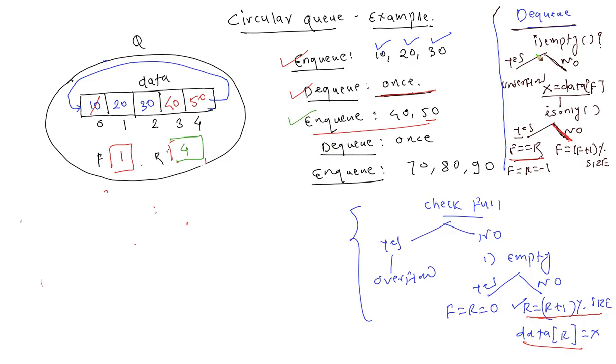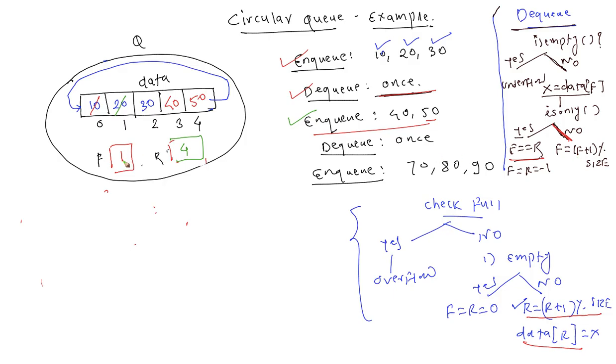So DQ again, first question, before removing, check if the queue is empty. Queue is not empty because F is not -1. Then follow this path, remove the element from F location. So F is 1, remove element from 1. Check was that the only element? Check F and R. F is 1, R is 4. They are not same. That means there are more than one element. Then increment F by 1 in the circular fashion.